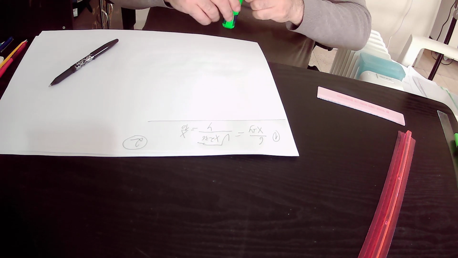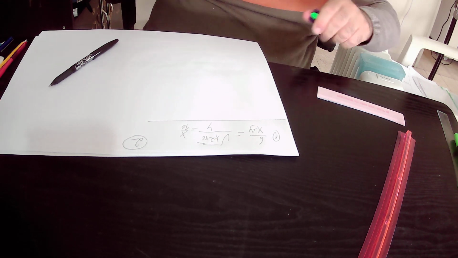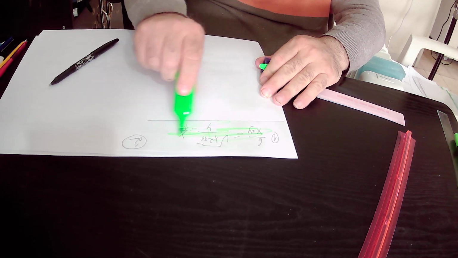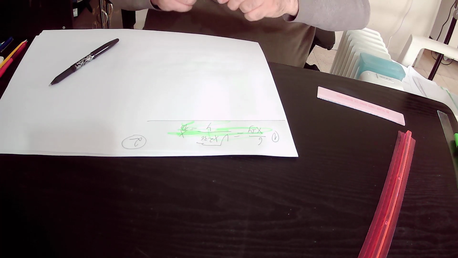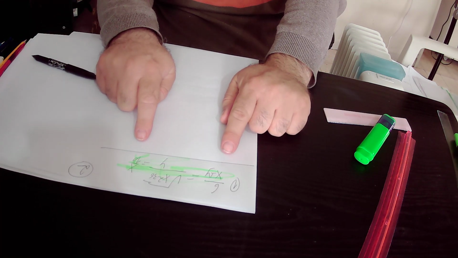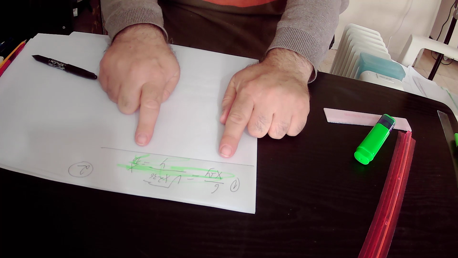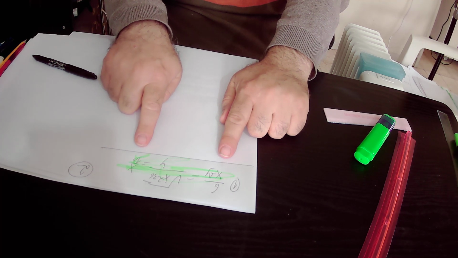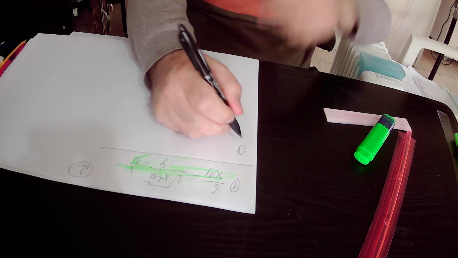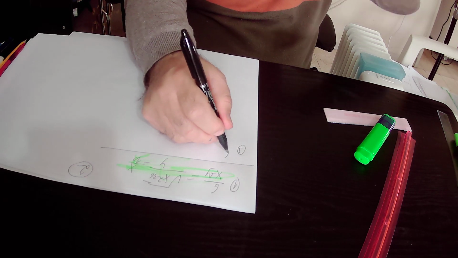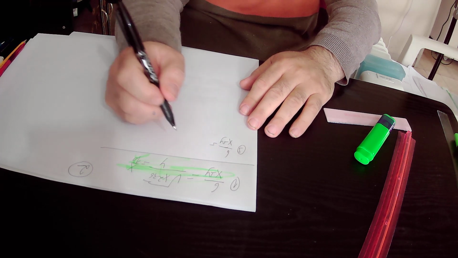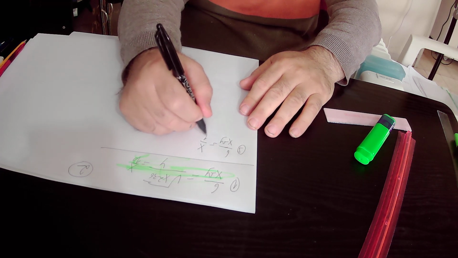So here we create two equations from this long equation, equation number 1. The first equation will be those two sides equal to each other: 6 over x plus y is equal to x over 10.